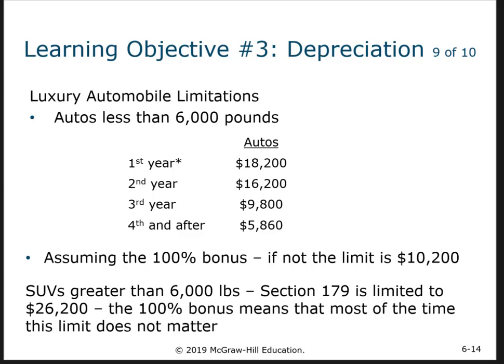It doesn't matter whether you calculate depreciation using bonus depreciation, using Section 179 depreciation, or the regular depreciation calculations. This is the maximum you can deduct each year for an auto you buy in 2021.